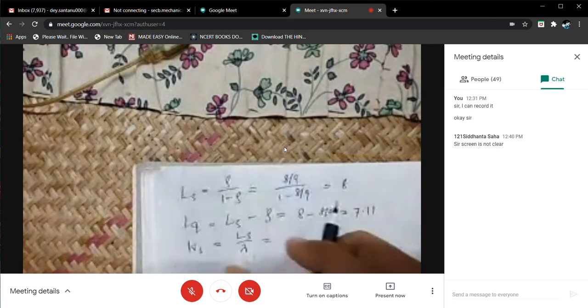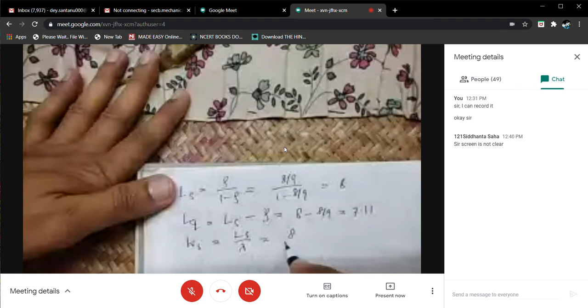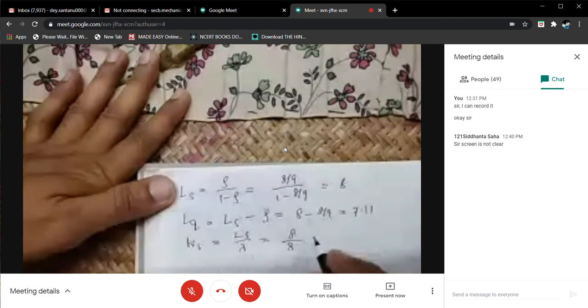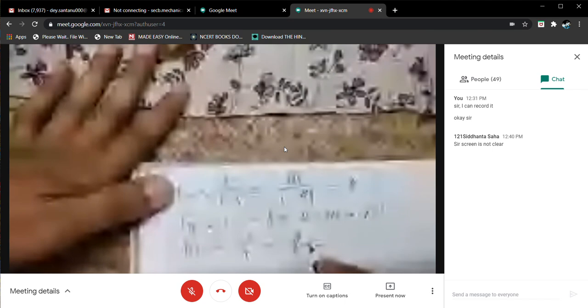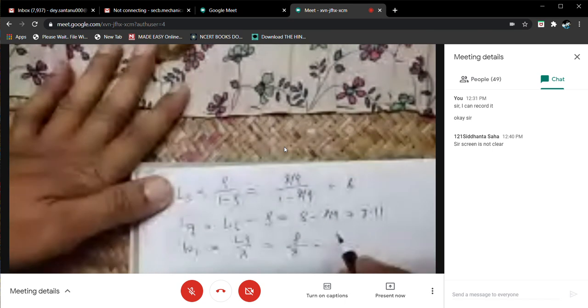LS is 8 and lambda is also 8 per hour, so it will be 1 hour.